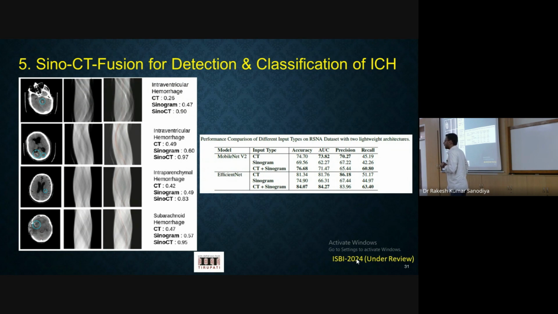But when both are combined, the probability goes to 0.9, because essentially you are learning patterns from CT and learning patterns from sinograms. Individual patterns might not be enough; combining them is good. Of course, if you use a very big network, whatever is between sinogram and CT is a transformation, and you could in fact learn that transformation as well. But this makes your job easier. So that's the idea here.